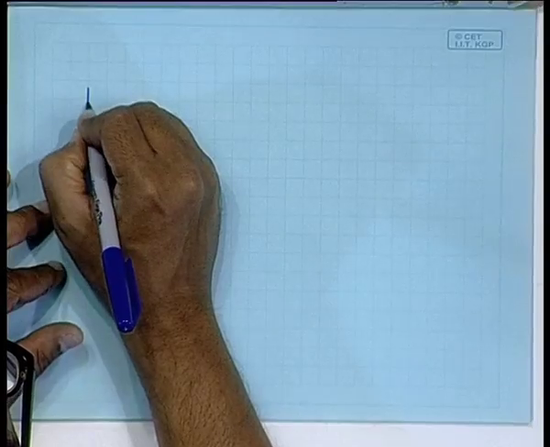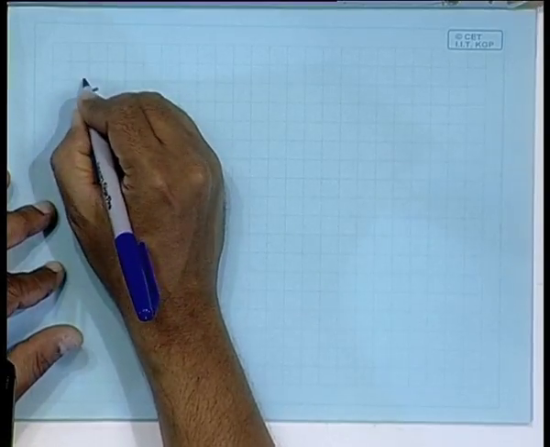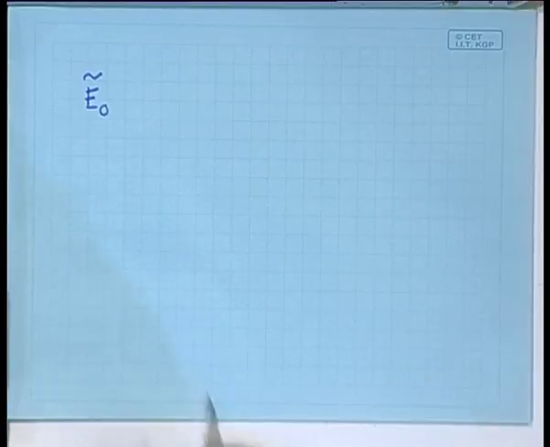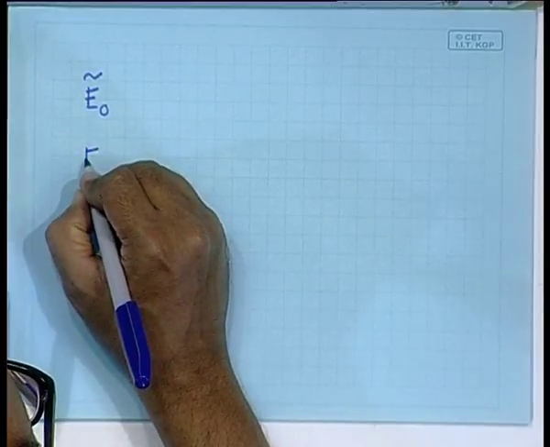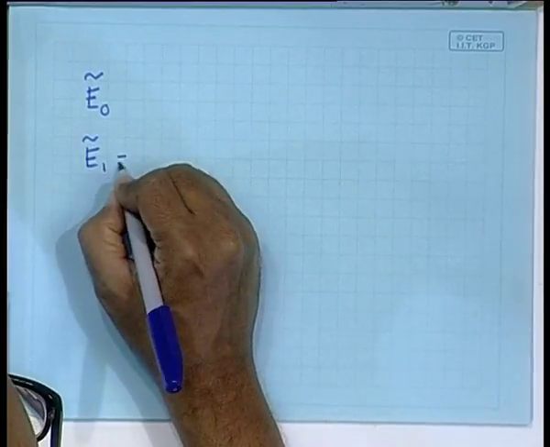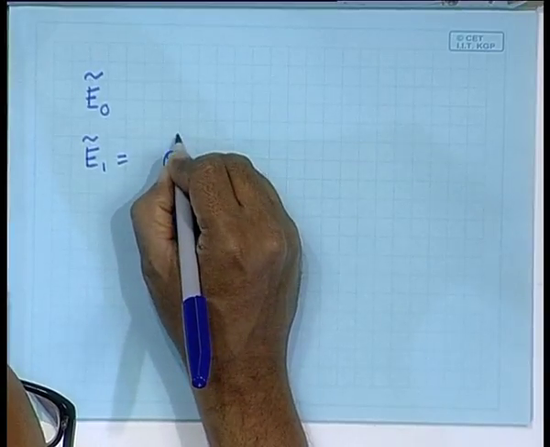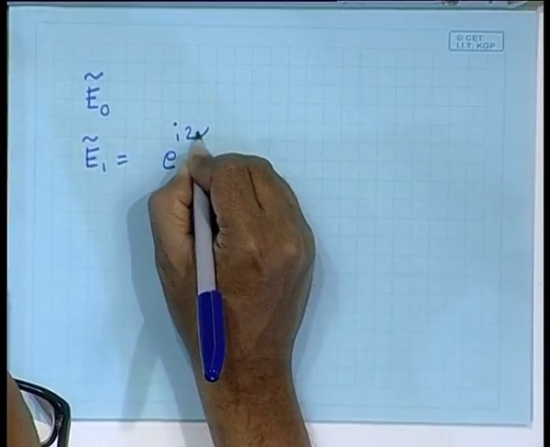The radiation from the 0th oscillator we are calling E0, the radiation from the first oscillator E1 is going to be e to the power i 2 alpha into E0.